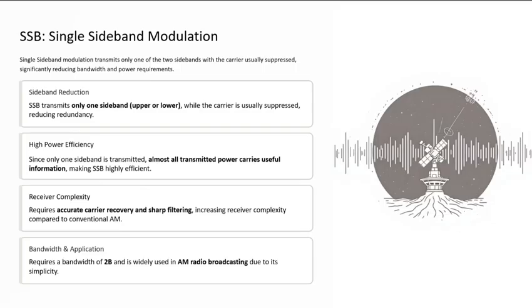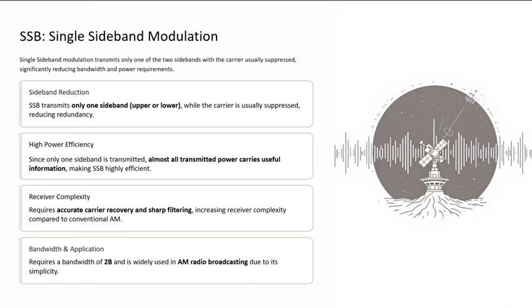SSB, which is single sideband. In single sideband modulation, we transmit only one sideband, either upper or lower. The carrier is usually suppressed because only one sideband is sent.